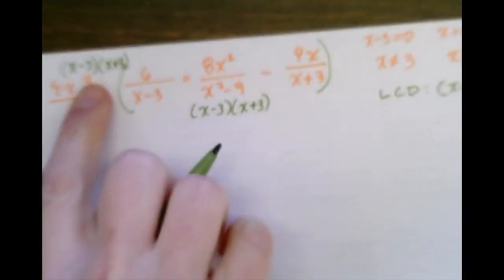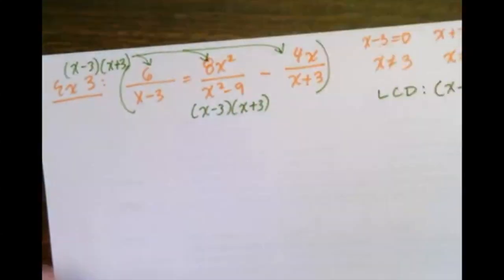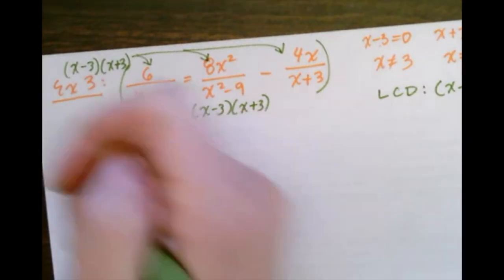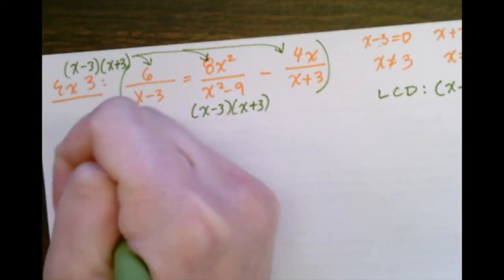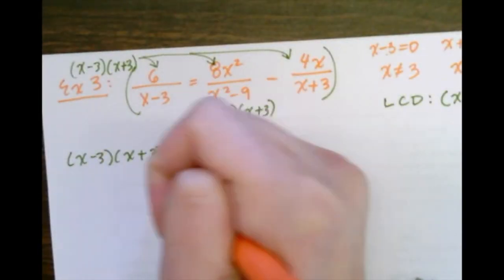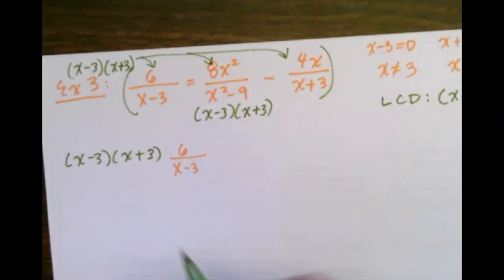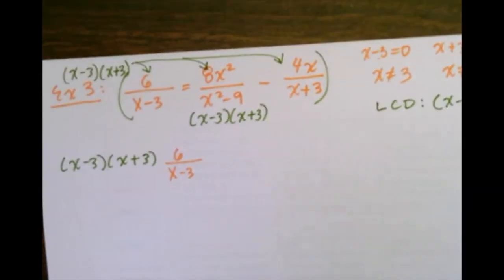So that's what I'm kind of showing up here, so we can imagine it gets multiplied into each part. When it gets multiplied into the first one, and again, as you get better at this, you might not need to show this step. You might do this step in your head, but there's going to be something that cancels there.